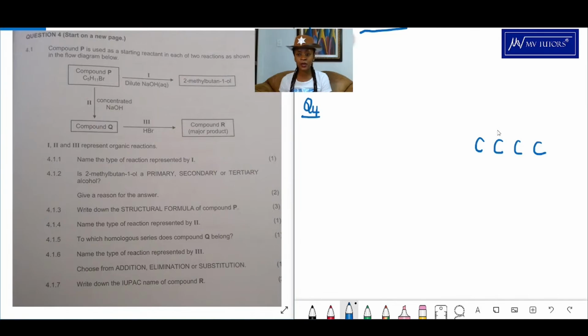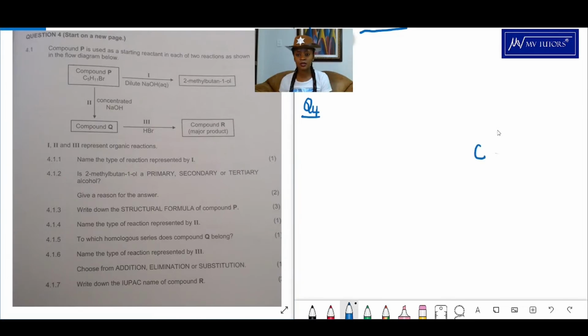And on my second one, I have a methyl group. Okay, I'm going to just put it as CH3 so that I know it's a methyl group. And then on the first carbon, I have my alcohol. Actually, let me make this my 4th carbon.